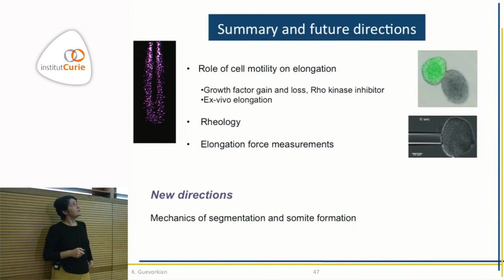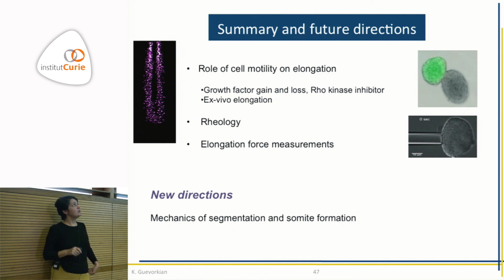And with this, I just sum up my talk. I talked to you about the role of cell motility in elongation, the way we analyzed it. We are doing some gain and loss of function experiments to see how this will affect the elongation.